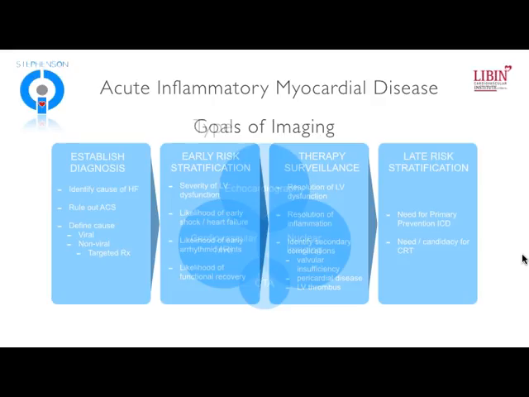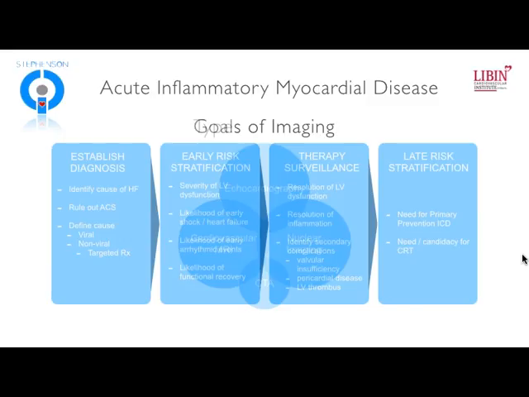Beyond that, we may be able to define the difference between viral and non-viral agents for the inflammation, and this is important because it may dictate early care. For example, if we identify somebody with classic features of either sarcoidosis or Churg-Strauss, we may apply different therapy to them.